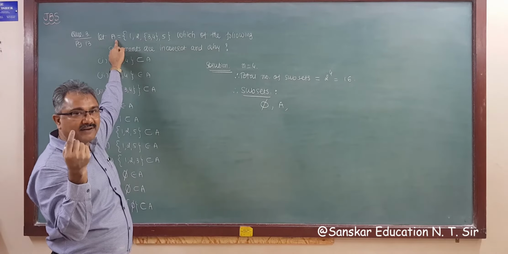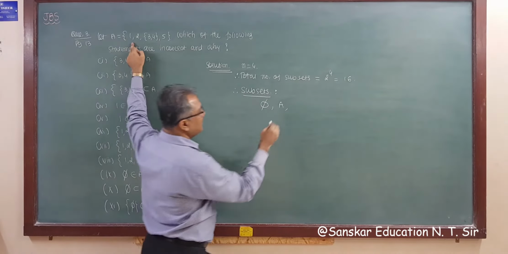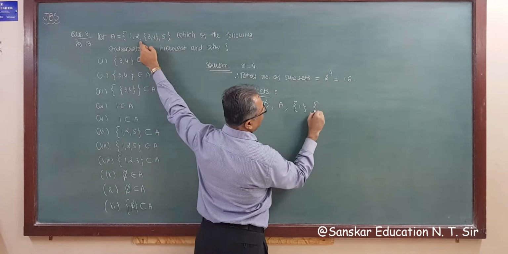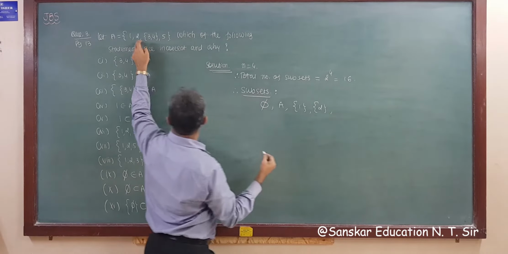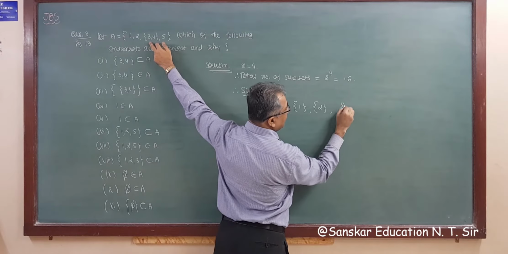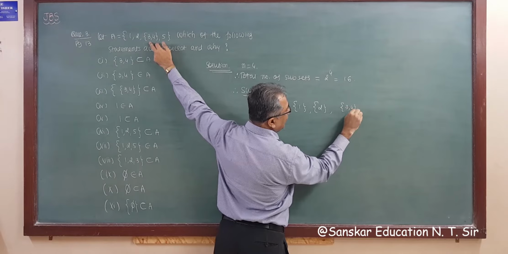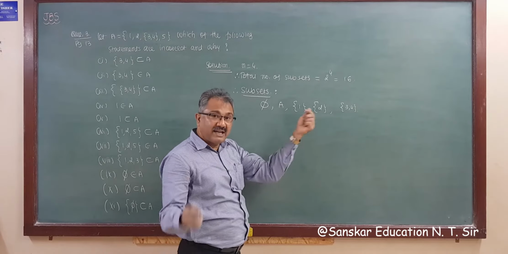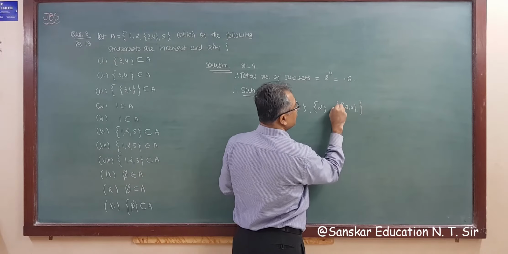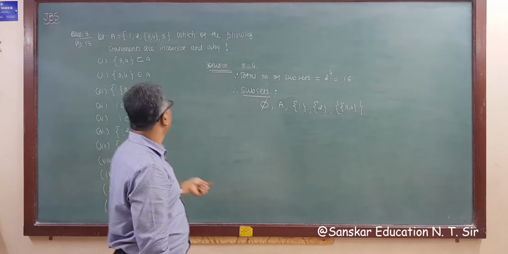Then we have to take one separate element. So 1, then 2, then this is an element. So we have to put it 3, 4 in a subset, so we have to put another braces, that is another brackets. So this is your element.